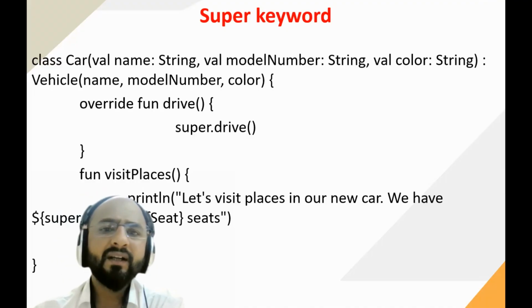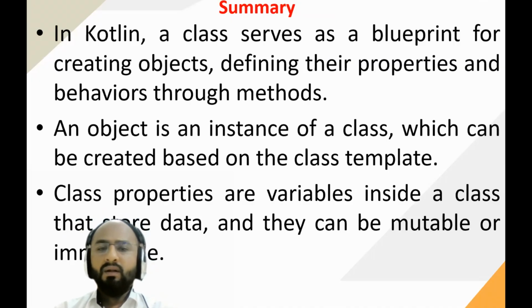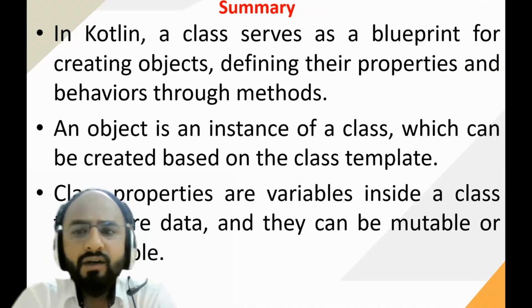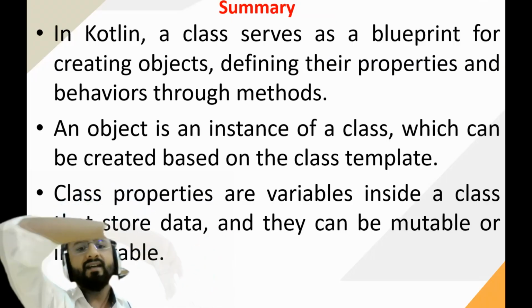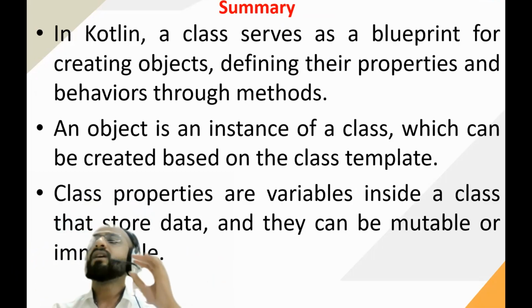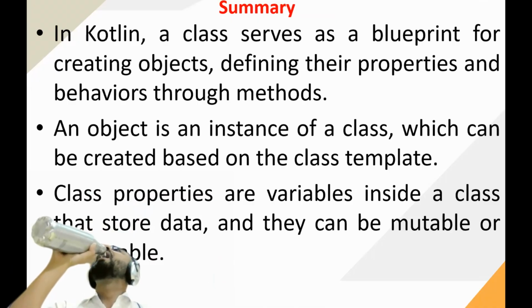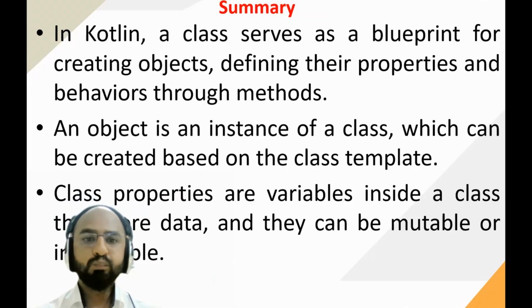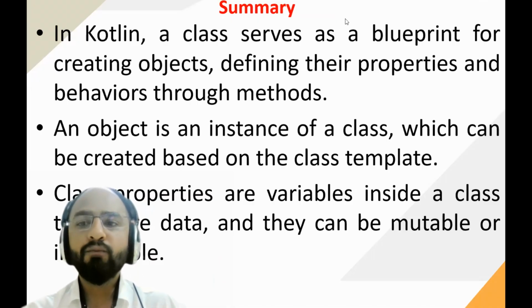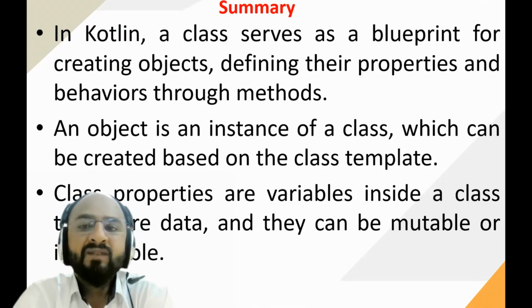Right? So what we have done till now, let's go with the summary now. In Kotlin, a class serves as a blueprint for creating objects. So what is a class? We can say a class is a blueprint of the object. The class serves as a blueprint for the object, defining the properties and behavior through methods.